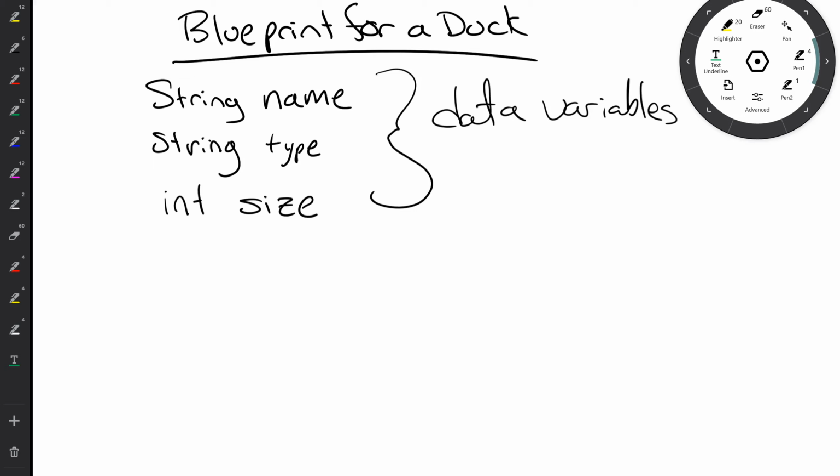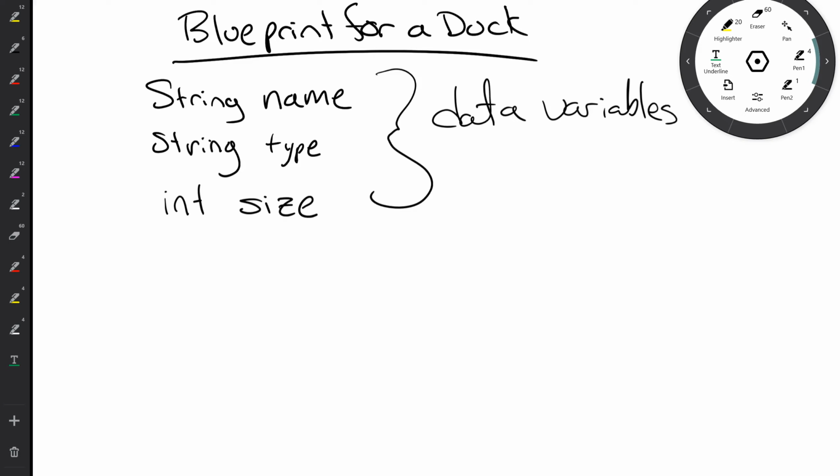Now, each individual duck is going to have a different name. It could have a different type. We might have a couple mallards, but we could also have some other types. And they're going to have different sizes. Again, we can make multiple ducks of the same size, but most of our ducks are going to have some combination of a different name, type, and size.